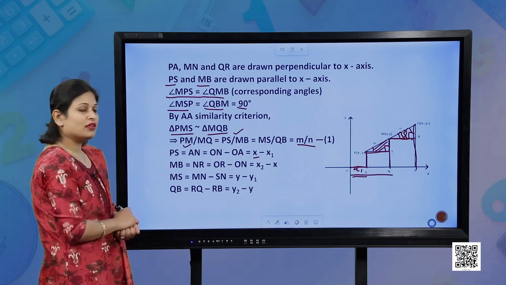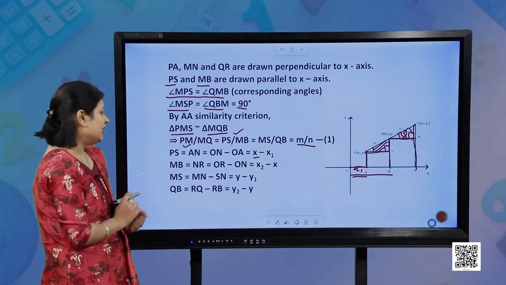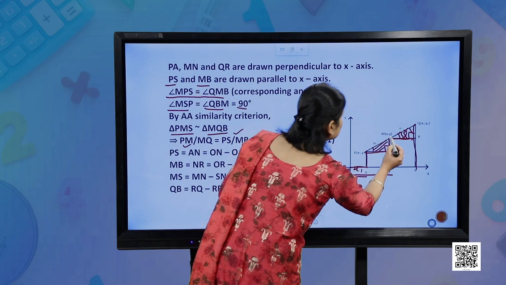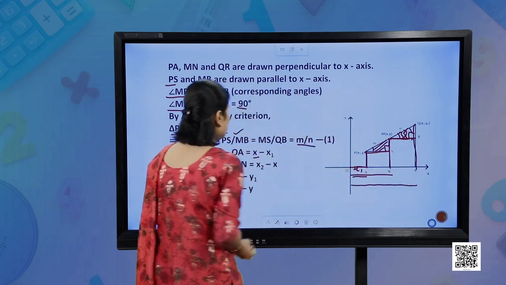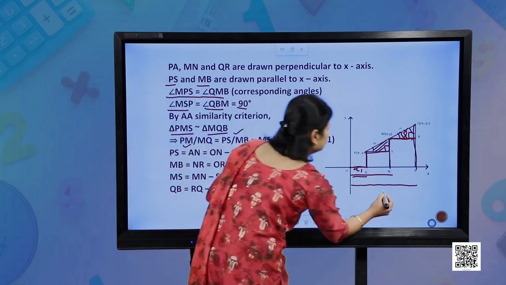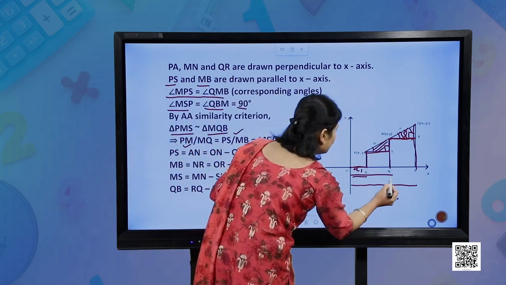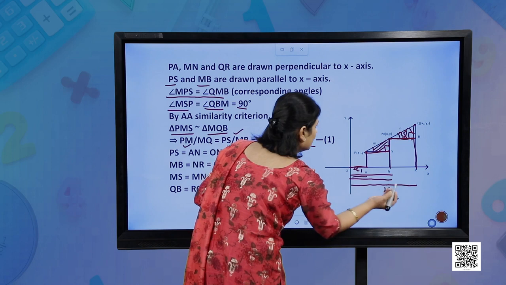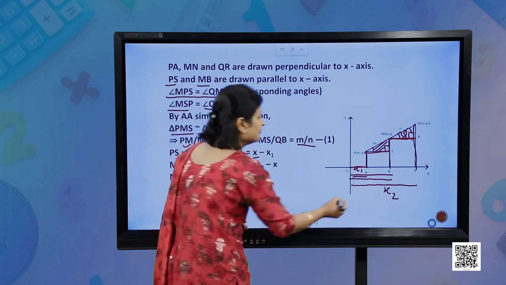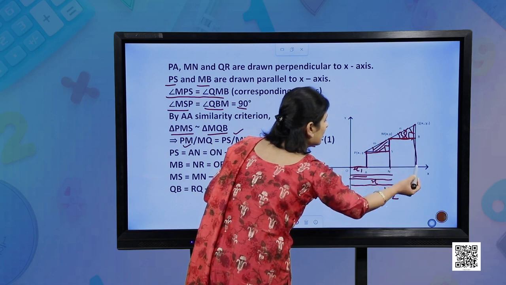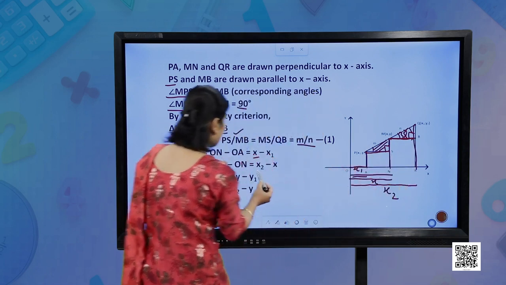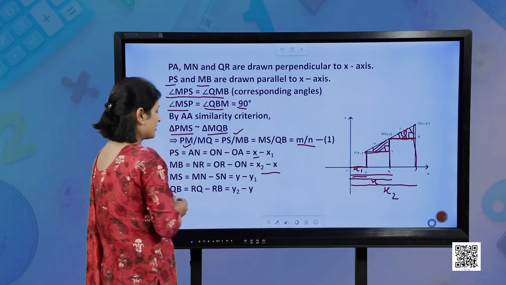Now, how will you find the value of MB? The total is x2 and this part is x. As MB is parallel to NR, you will get x2 minus x.